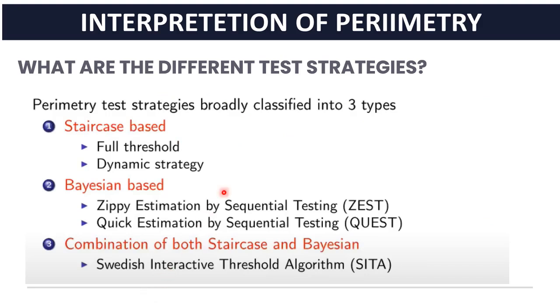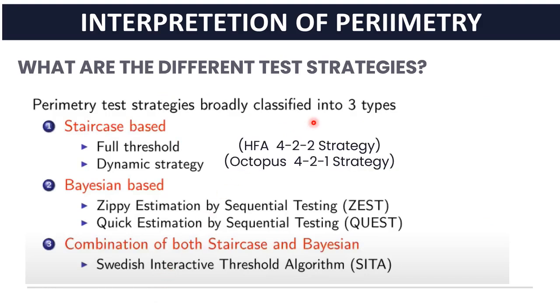Now, what are the different strategies that are used in automated perimetry? One of the most common strategies is the staircase based, that's the staircase or the bracketing strategy, which is the full threshold strategy or the dynamic strategy. Humphrey automated perimetry uses the strategy of 4-2-2.